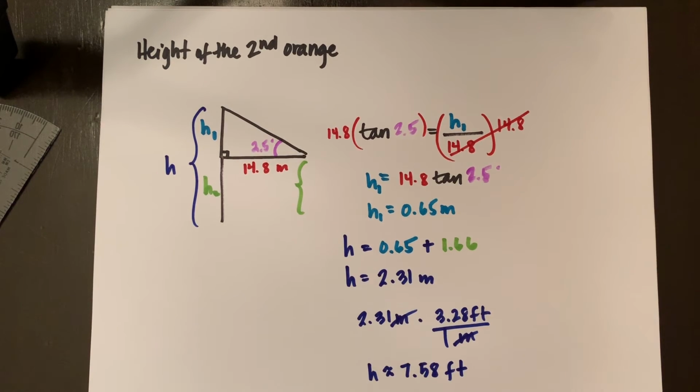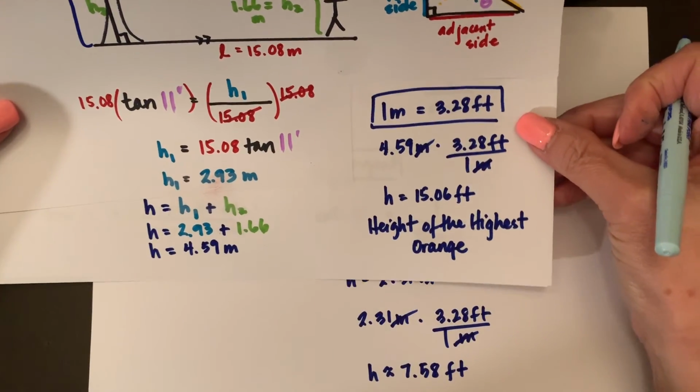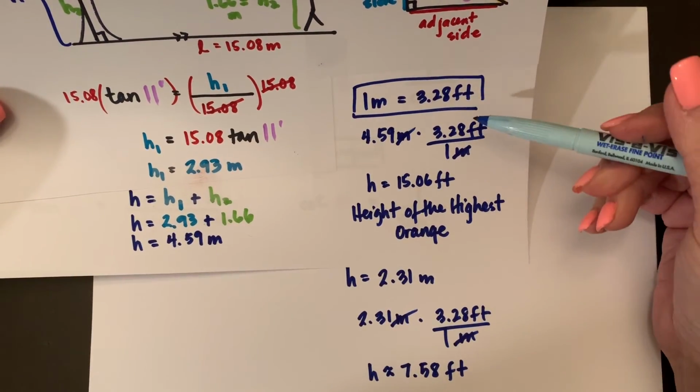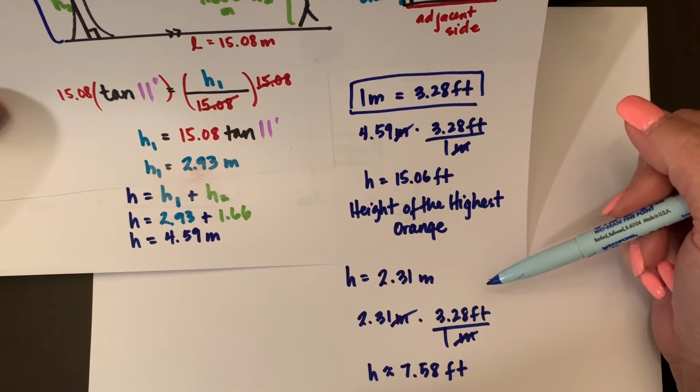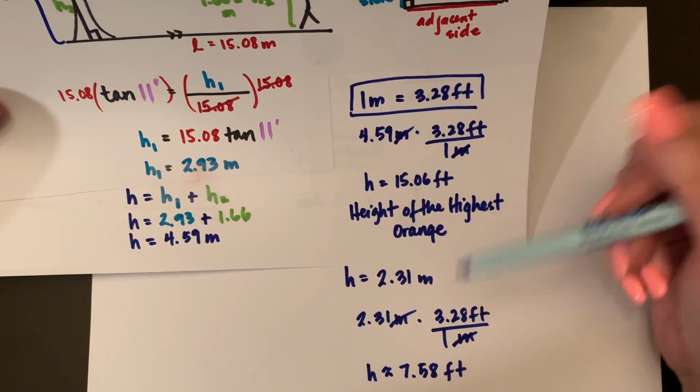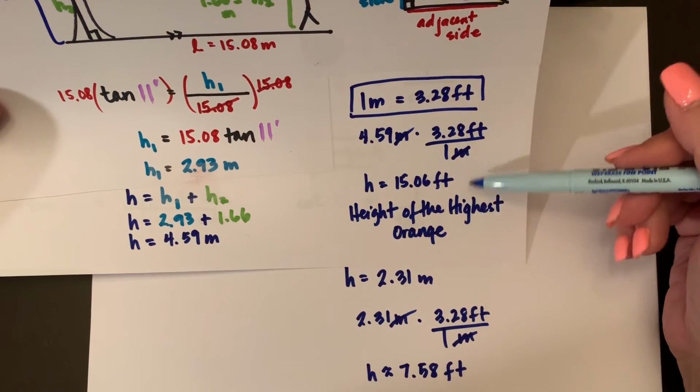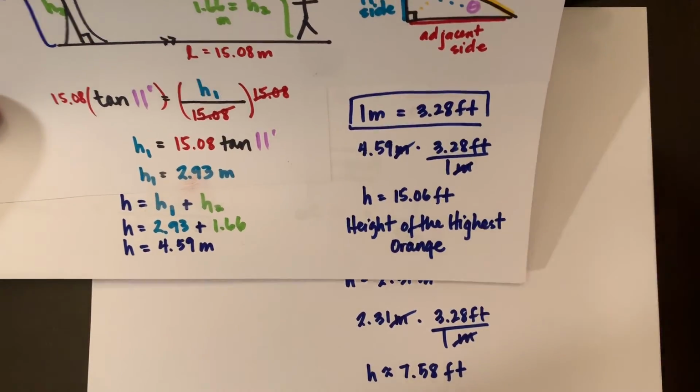How does that compare to the height of the tallest orange? Well, we said that this second orange was about halfway up the tree, and 7.58 does seem to be about half of 15 feet, so that seems pretty accurate.